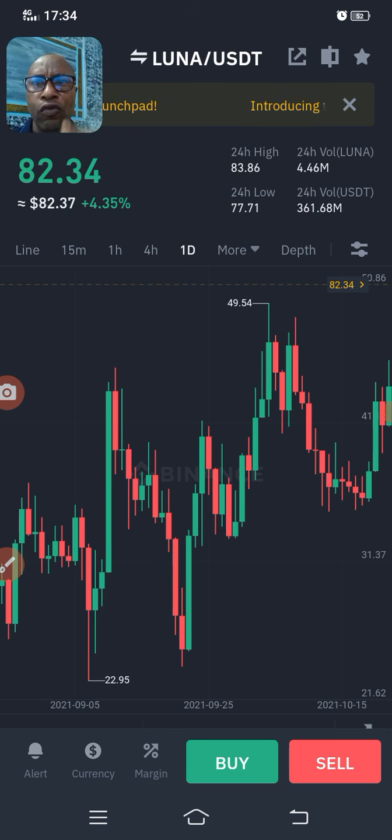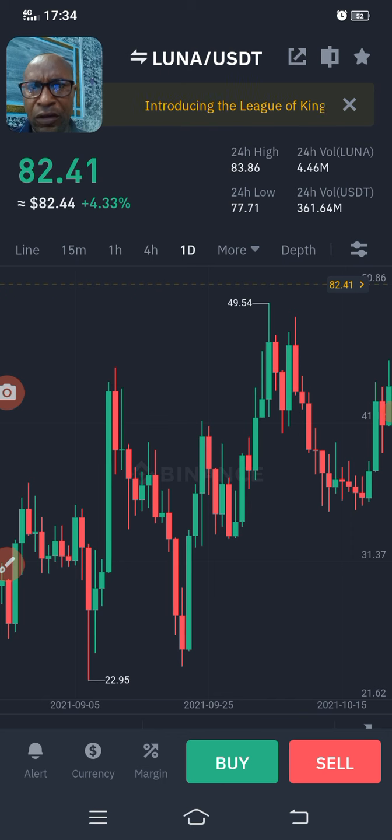After the daily chart, we'll also move down to 15 minutes, because the daily chart goes hand in hand with 15 minutes. When you take your trade setup on the daily chart, you then go to 15 minutes, see what is happening there, and place your trade.